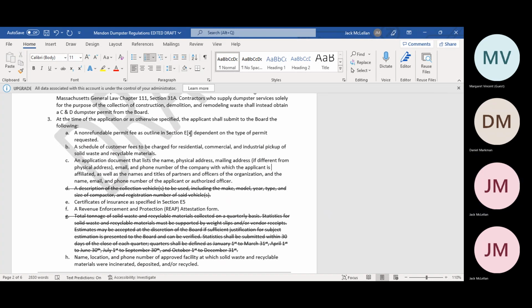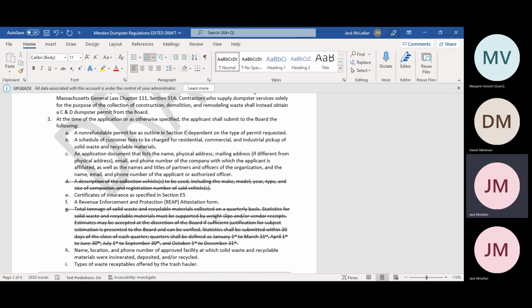Section E, trash hauler's permit. Okay, all right, so we just need to get rid of that X, that placeholder, and everything else is fine. So that's my take.